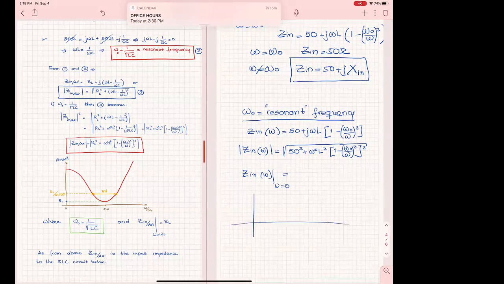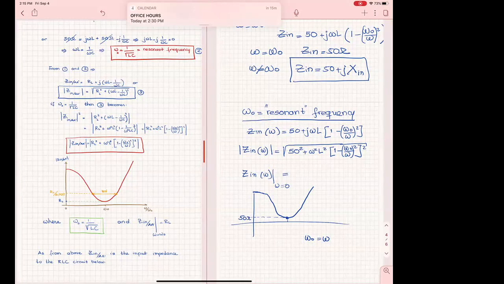And then as omega increases, this number goes smaller, and this number here becomes smaller, obviously. And then when omega becomes equal to omega naught, that reaches this value, which is nothing else for us but 50 ohms.